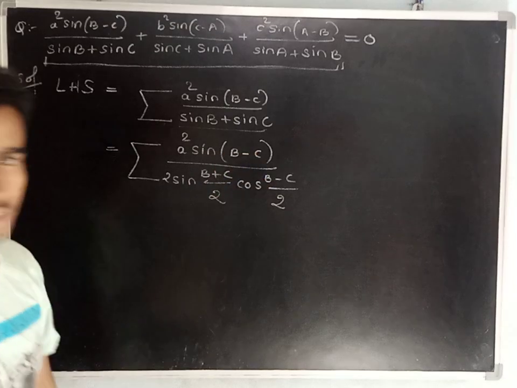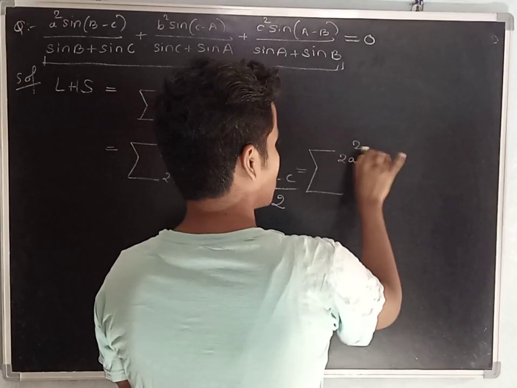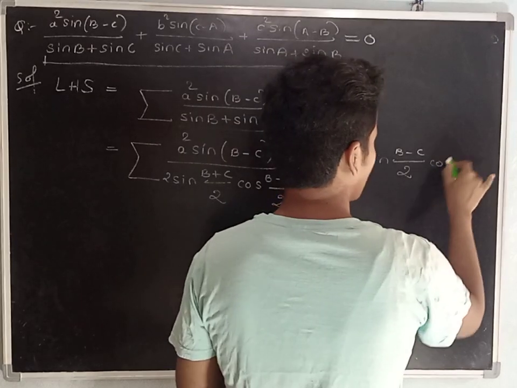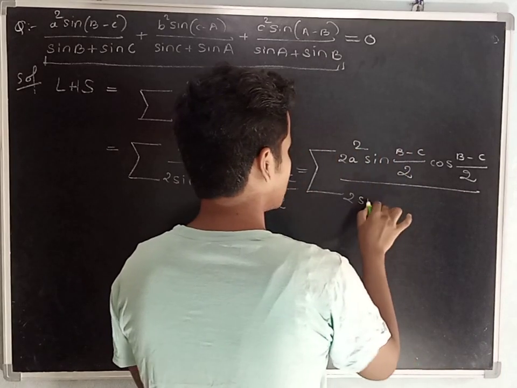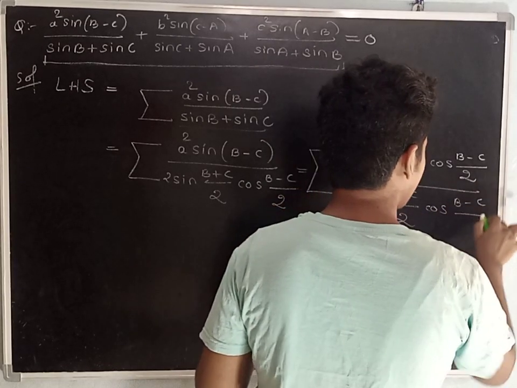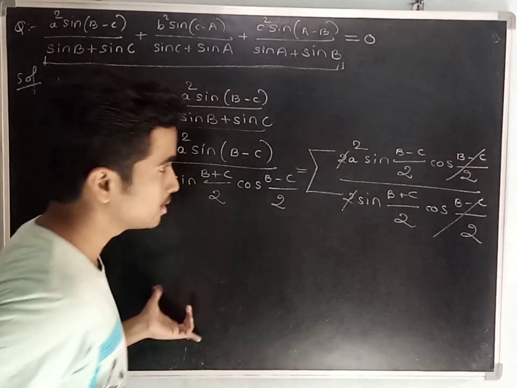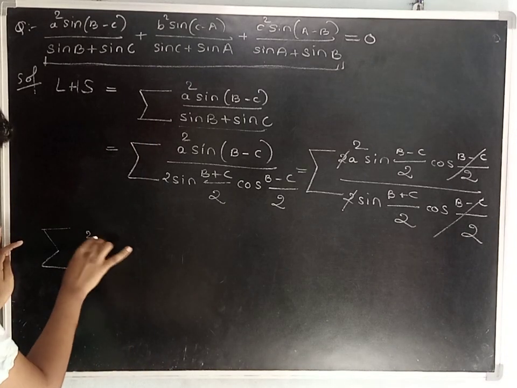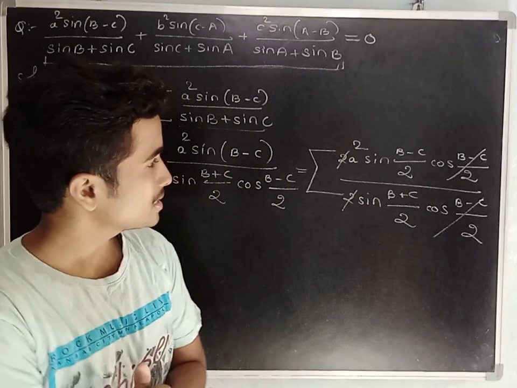Sin of b minus c can be written as 2 sin of b minus c by 2 into cos of b minus c by 2. Here both these terms get cancelled and the 2 gets cancelled. Finally, I am going to get sigma a square into sin of b minus c by 2 by sin of b plus c by 2.